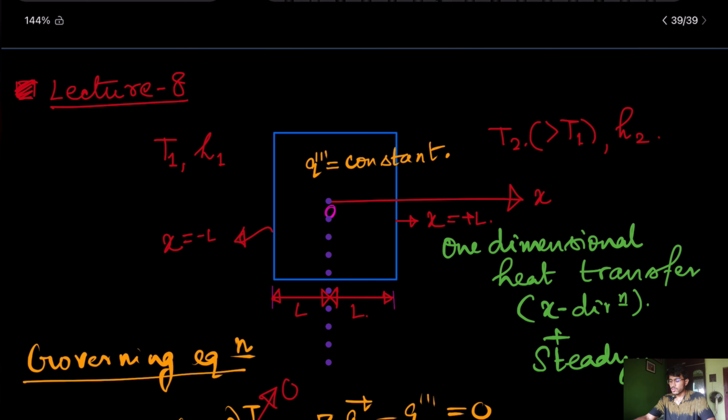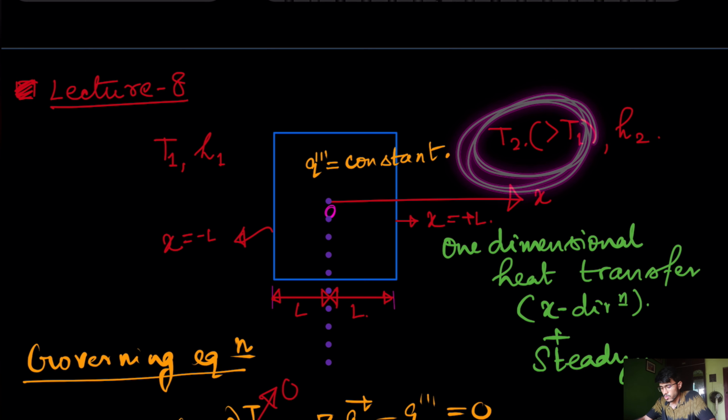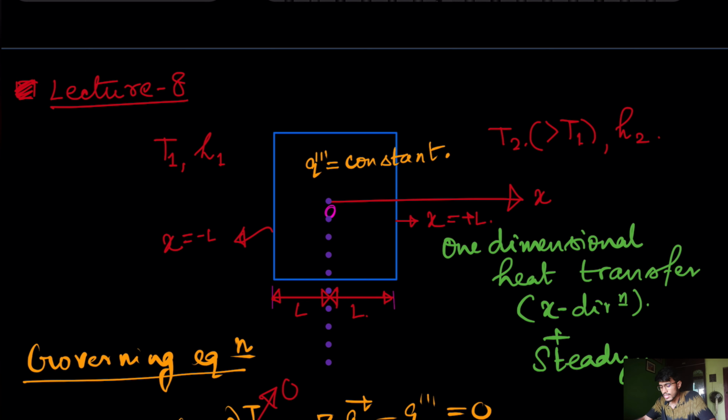First you have to decide in which direction you will assume your heat to flow. Here T2 is greater than T1, so we can surely say that the heat will flow from this to this, that is in the negative x direction. So in this phase we will show the heat flow direction like this, and in this phase it will be like this.